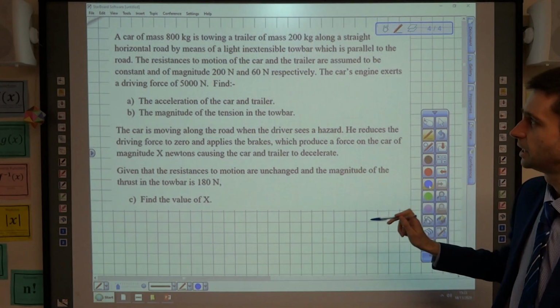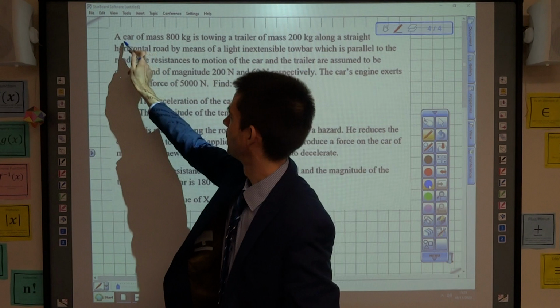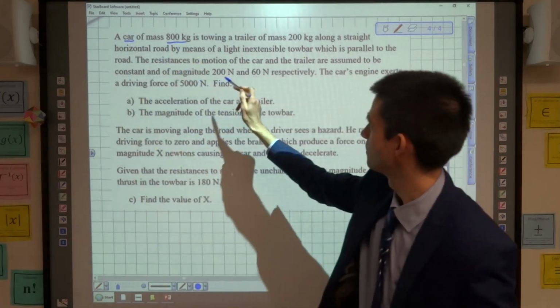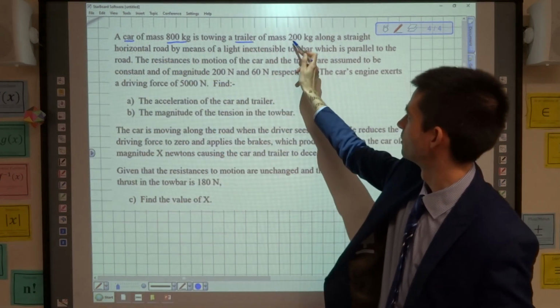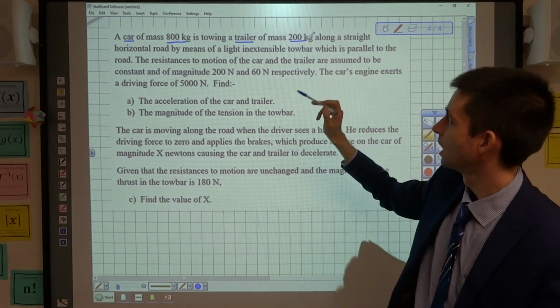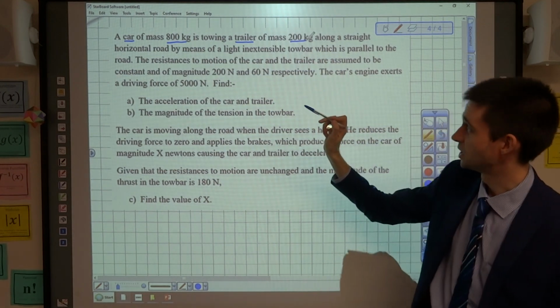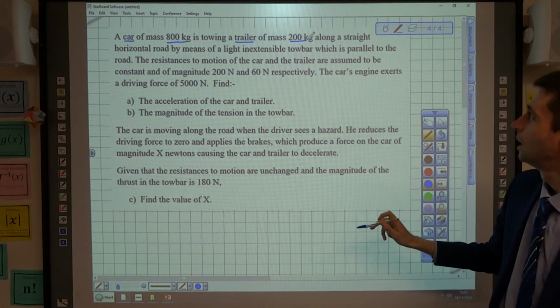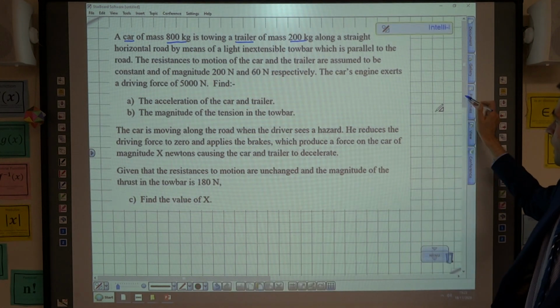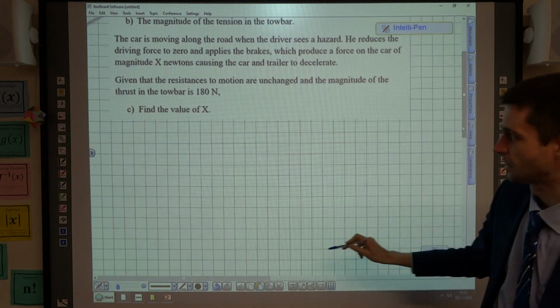So let's just underline the key information here then. We've got a car of mass 800 kilograms, we've got a trailer of mass 200 kilograms, connected by a light inextensible tow bar. So let's start off by drawing a picture of that.